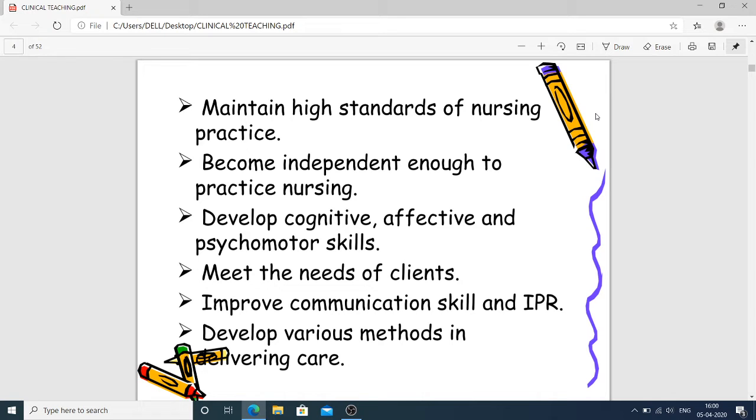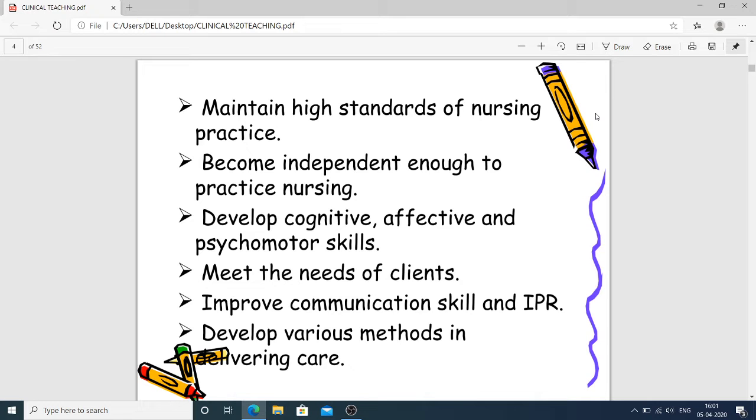And the third one is psychomotor skills. Psychomotor skills are the development of organized patterns of muscular activities guided by signals from the environment. For example, when someone drives a car, the brain gives orders to the hand where to brake, where to accelerate, and to change the gear of the car.